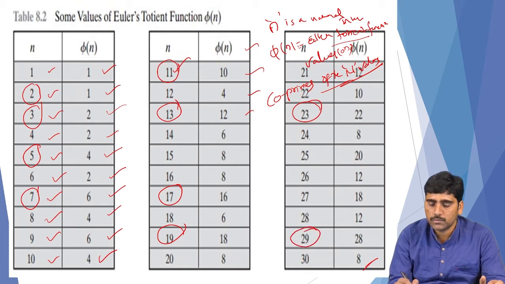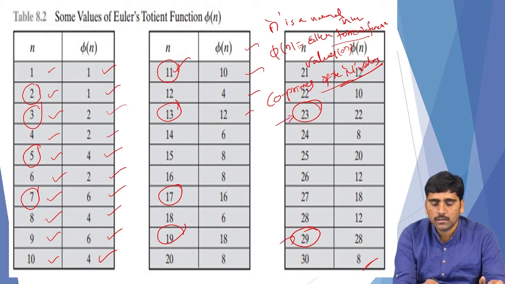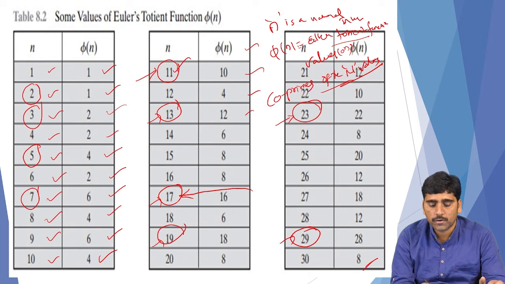You can see all these different prime numbers. For all the prime numbers, the coprimes go up to the last number in the sequence. So for 17, the last number is 16. Up to the last number, these are all coprime to this natural number.